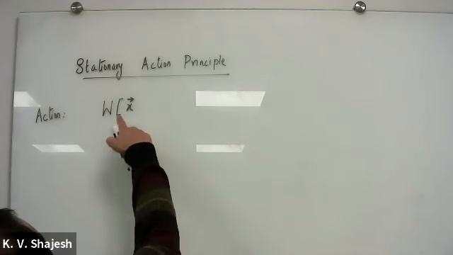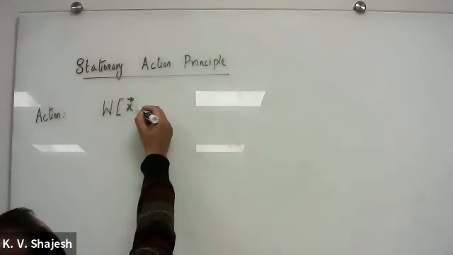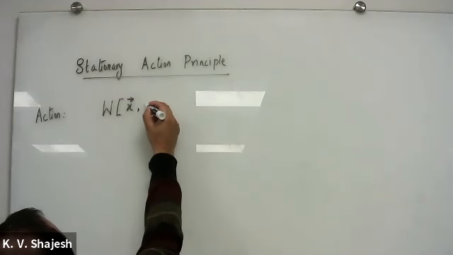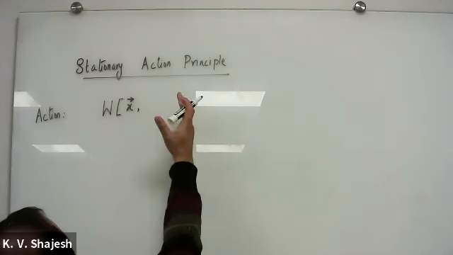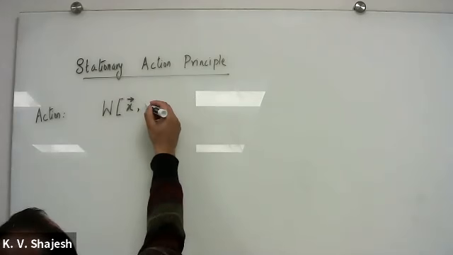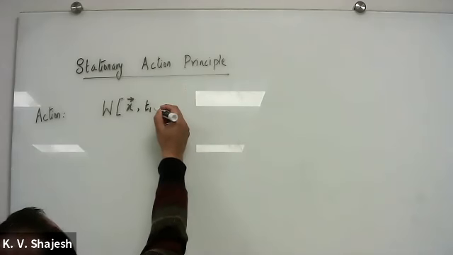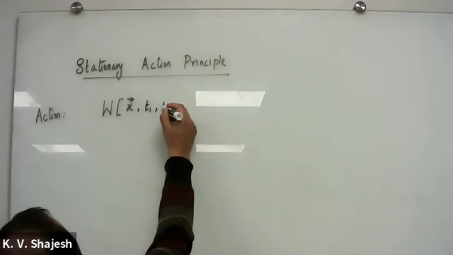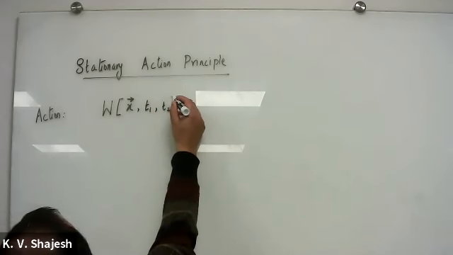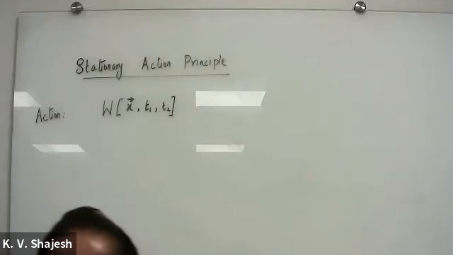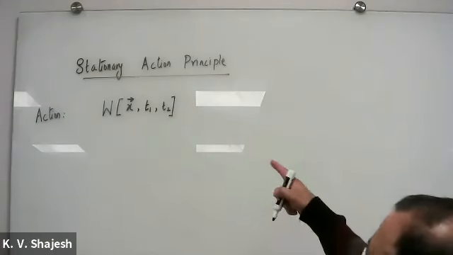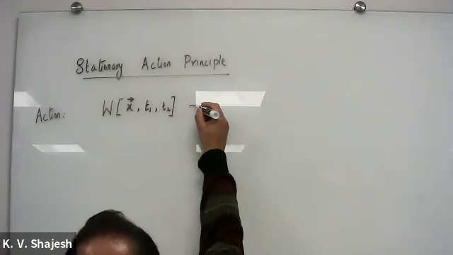So this is an action of all possible paths, and it can also depend on time. In what sense can it depend on time? It depends on the endpoints, right? So we say the particle goes from T1 to T2. I'll describe that clearly when I write the integral form.